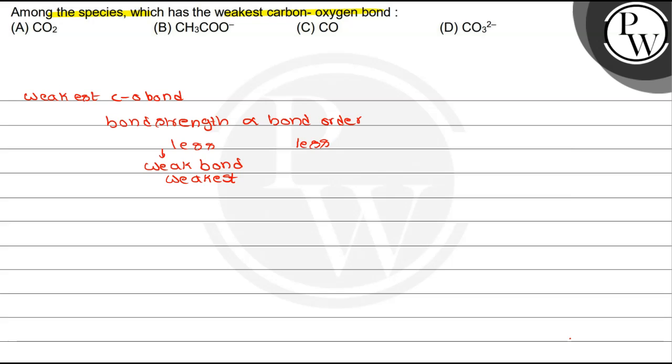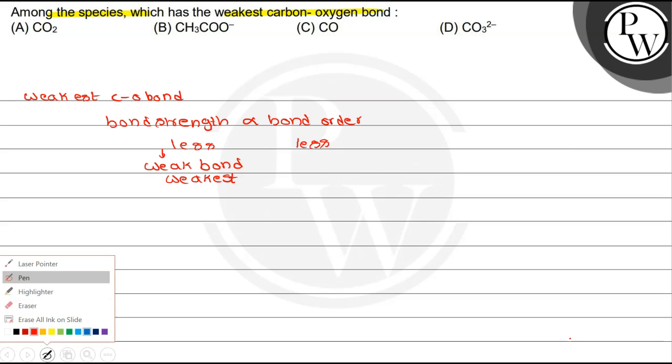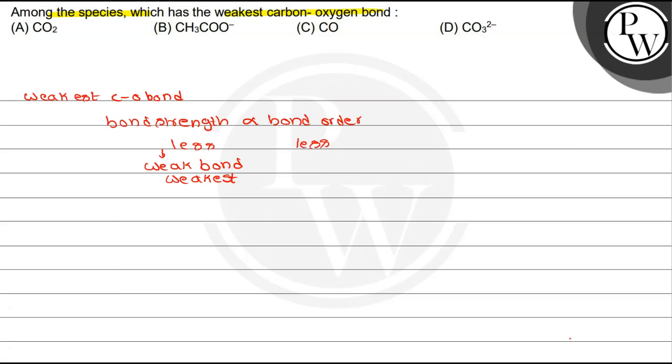That is the concept we are using here. Now we'll see which among these has the least bond order. So we have to calculate the bond order for each and every species. Then we'll come to know which has the least bond order.